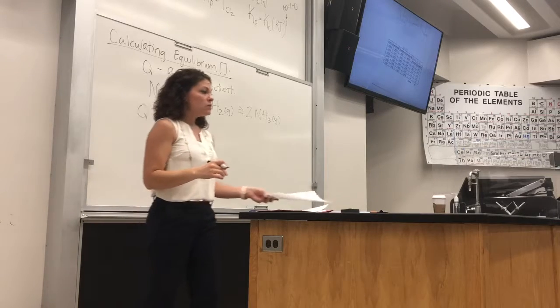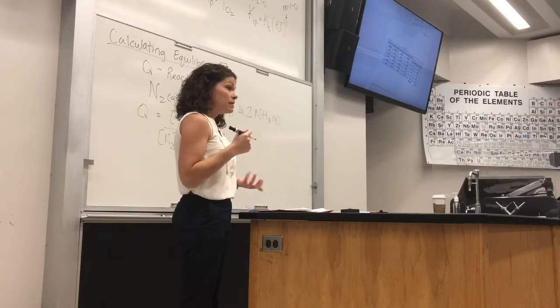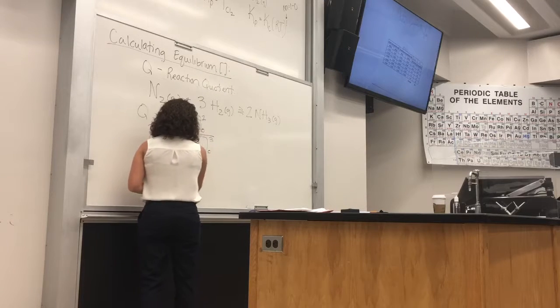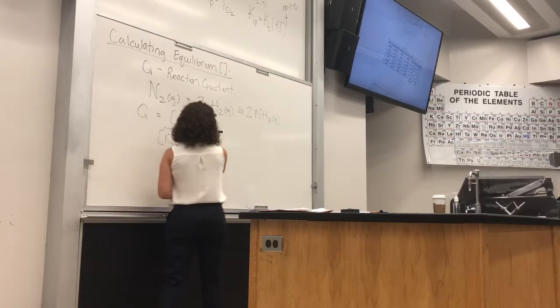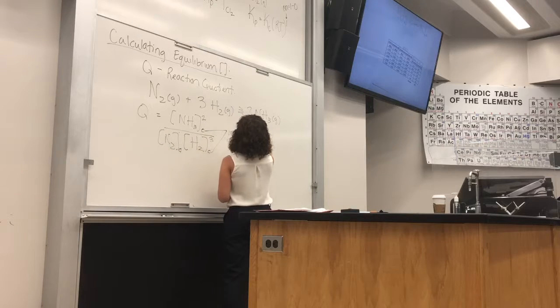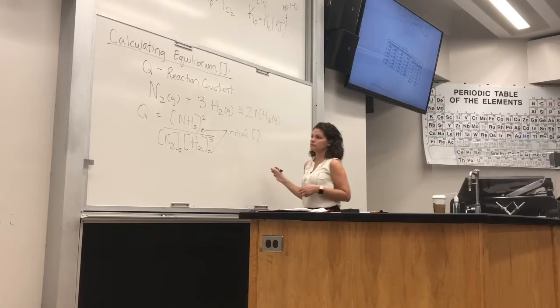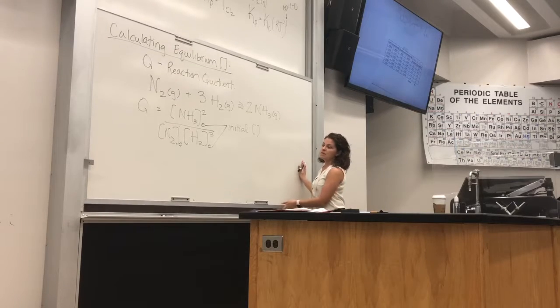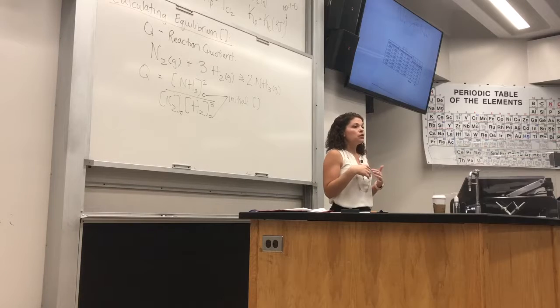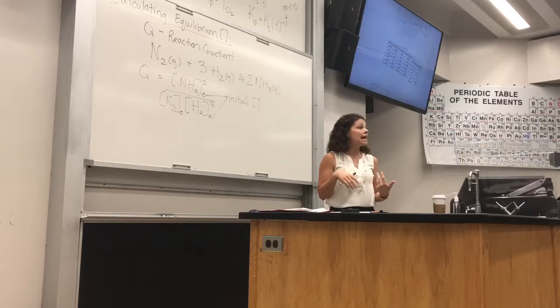But instead of using a set of equilibrium concentrations, you're using a set of initial concentrations. There are 3 scenarios when you calculate Q, and you're always going to compare it to K.